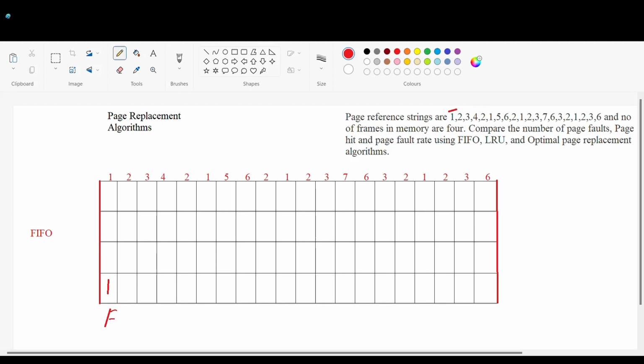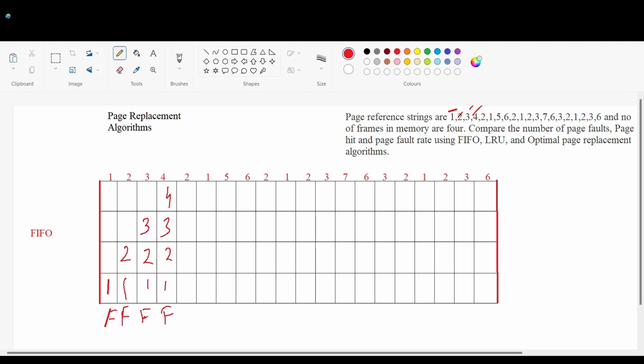Then 2 will be loaded into the memory because the memory has free frames right now, so this is also a page fault. 3 will be loaded, also a page fault. Now 4 will be loaded, 4 3 2 and 1, also a page fault.